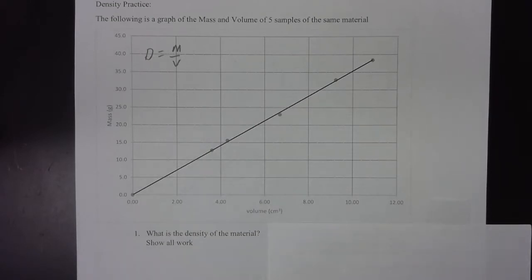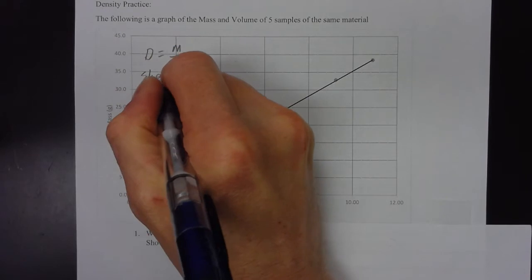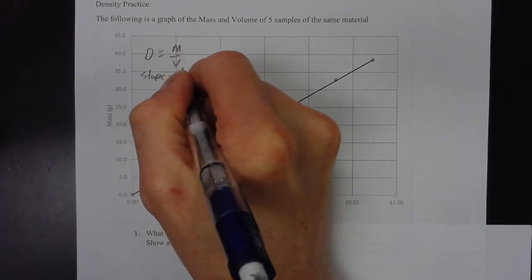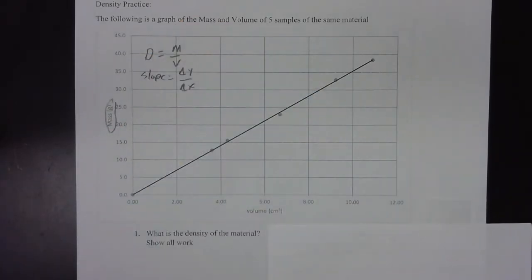So to determine this density, we are going to calculate the slope, because slope is the change in the y-axis over the change in the x-axis, and we can see our y-axis is mass and our x-axis is volume, so we can use the slope to determine the density. Now we have to find 2 points that have nice intersections on our line.